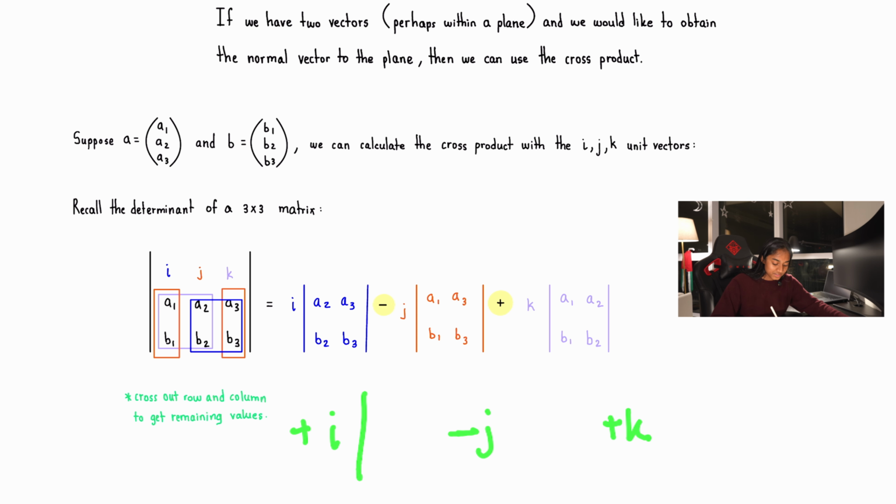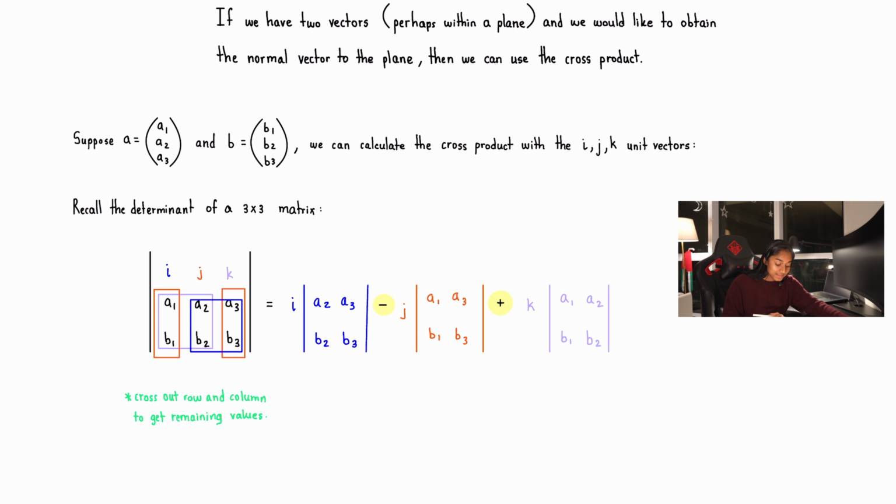Then we're going to have to fill in these values here, okay? To get these values, what we're going to do for i is cross out the row and the column, and then whatever is left, we're going to write down here, okay? So we have A2, A3, B2, B3, and we're going to put them here.